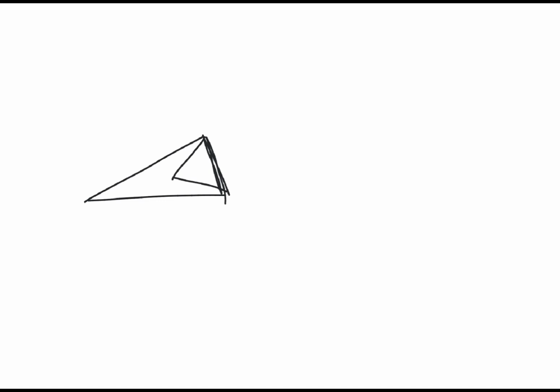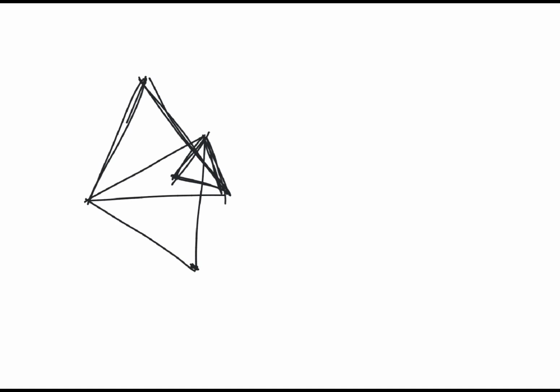We construct the triangles to the inside, so like this, and like this. So it's basically the same construction, except we construct the triangles to the inside instead of to the outside. And again, we take the centers of these triangles.